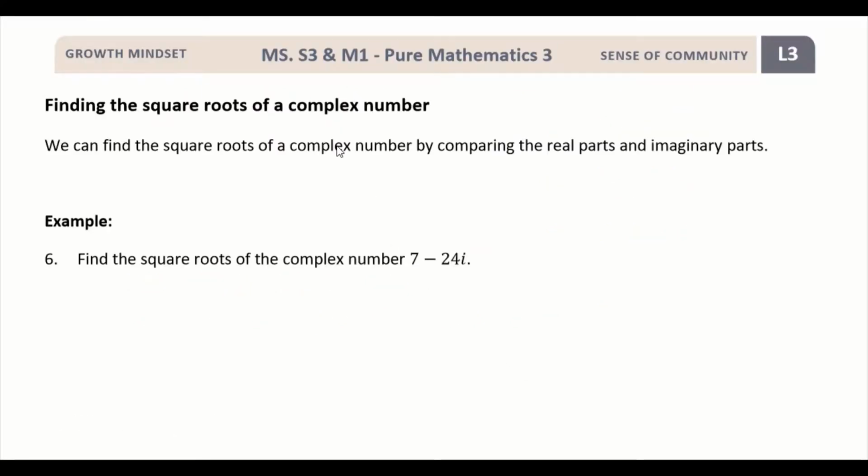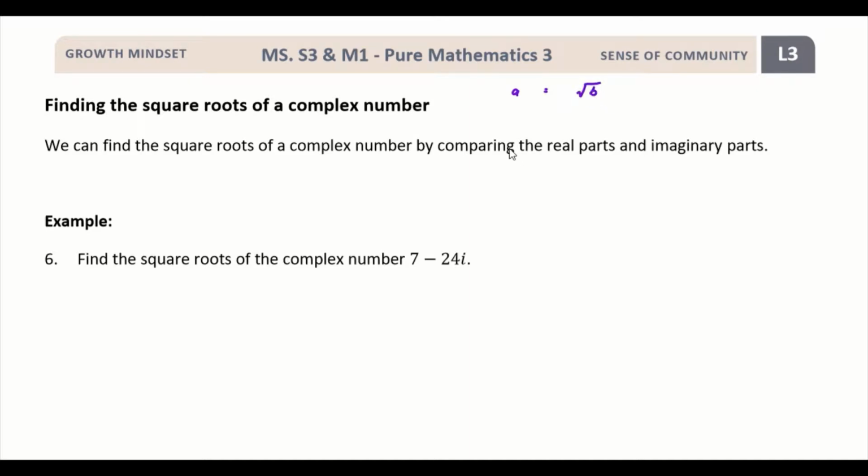Okay, so for the second part of the video, we are going to talk about how to find the square root of a complex number. There's not much note involved here. Basically, we can find the square roots of a complex number by comparing the real parts and the imaginary parts. So the first thing is, let's say a is equal to square root b.